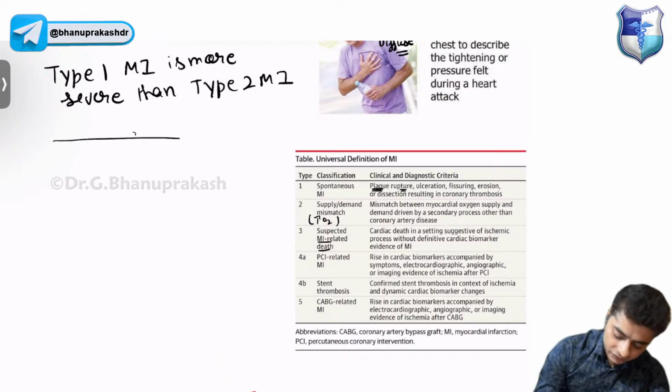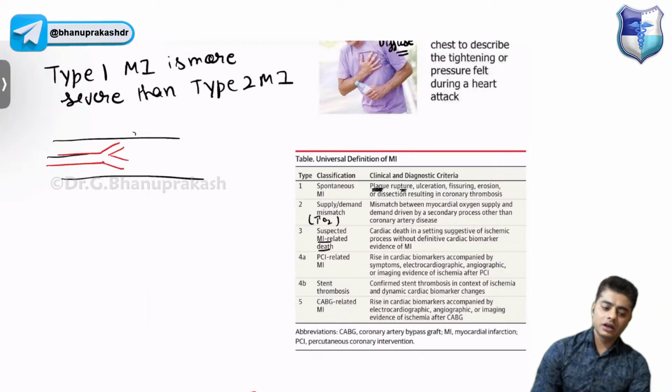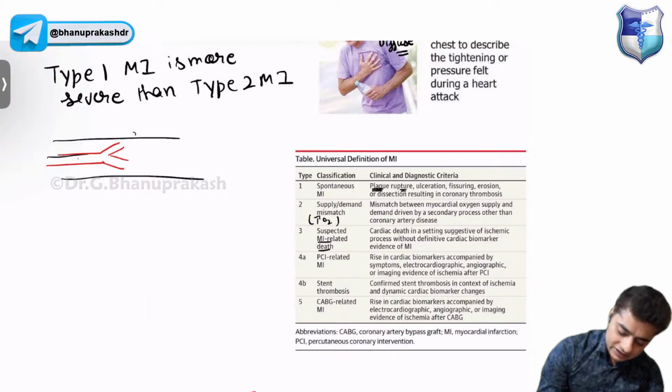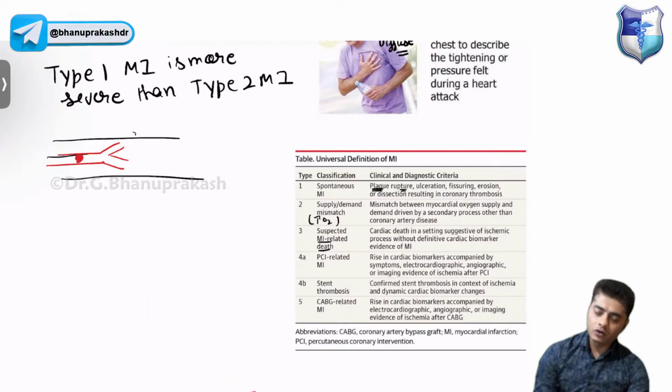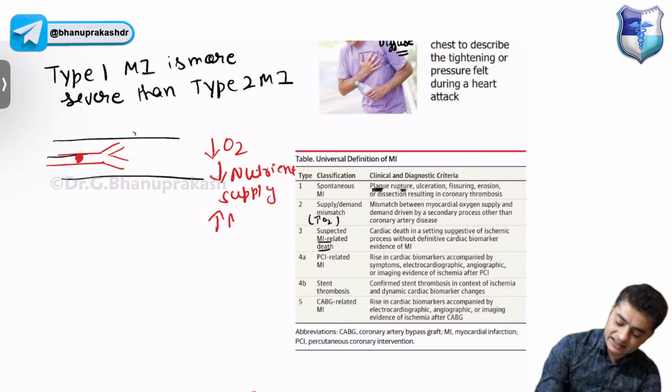In type 1, if this is myocardium, and these are your coronary arteries, and suppose there is some plaque, so blood will not go. So there is decrease in oxygen, decrease in nutrient supply, and increase in metabolic waste.